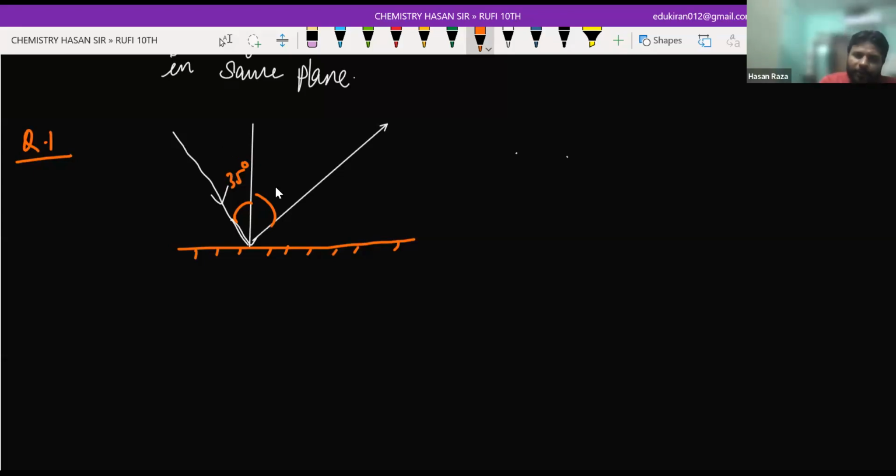35. That is understood. Very good. Now, can you tell me what is this angle? Let's say it is X, and this angle, let's say it is Y. Will you be able to find angle X?